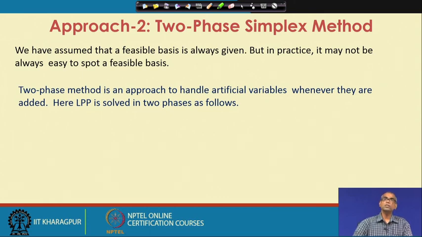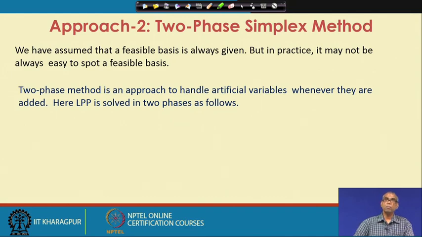So, introduction of artificial variables will be necessary. Once we introduce the artificial variables, these variables must be forced to 0 during the steps of the simplex method, so that you solve the original linear programming problem where the artificial variables have no meaning.